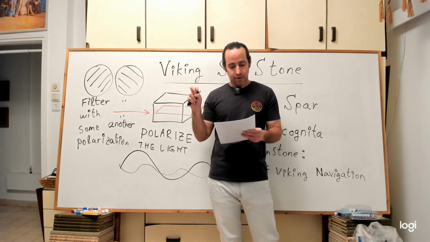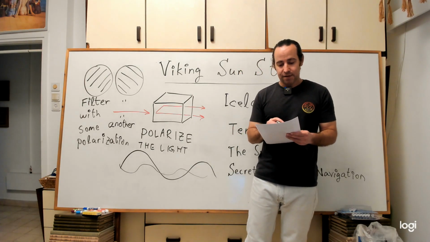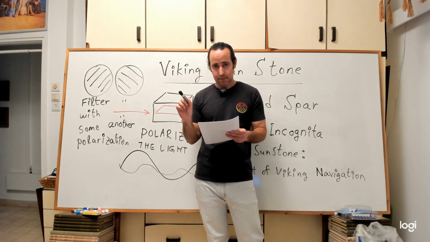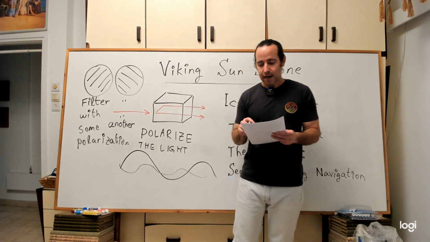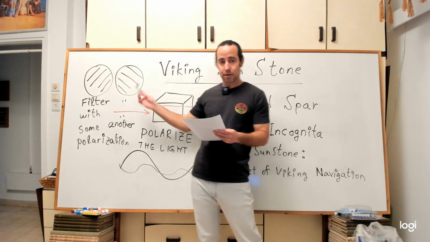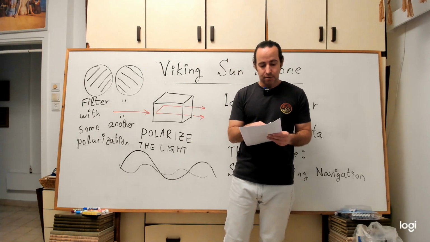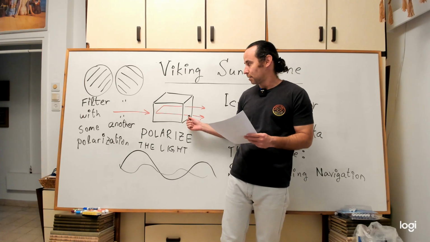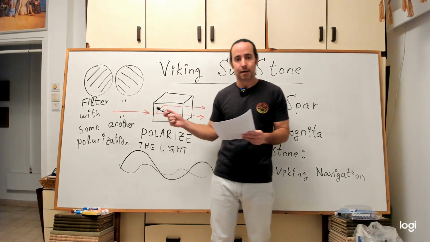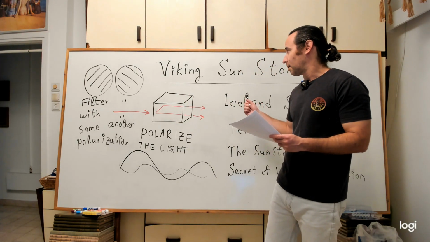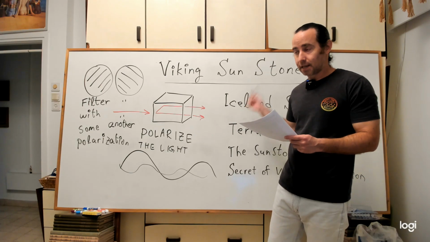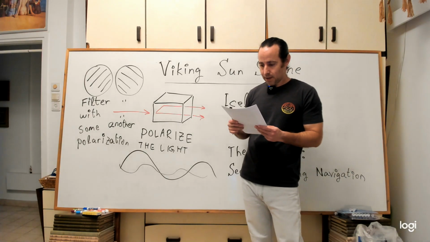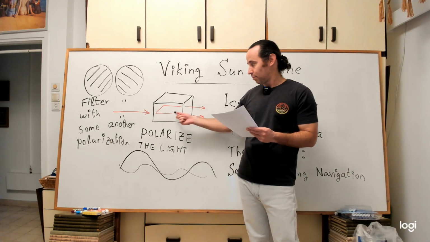So the eye of the creature, if it has something like that in its center, some part which is sensitive to light, each ray of light goes through just one polarizer only, so the creature can see polarized light. The creature can identify polarized light, just like the Vikings identified the polarized light coming from the sun through this.